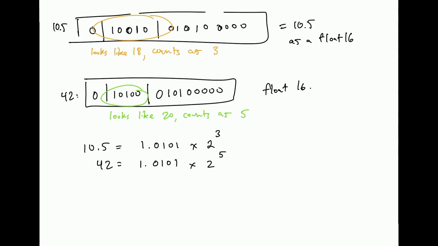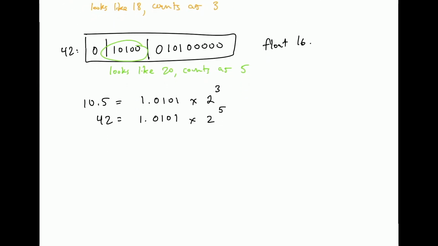Okay, so can I rewrite the first number as 0.010101 times 2 to the fifth? Yes?